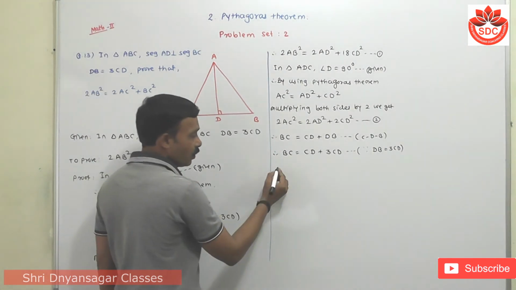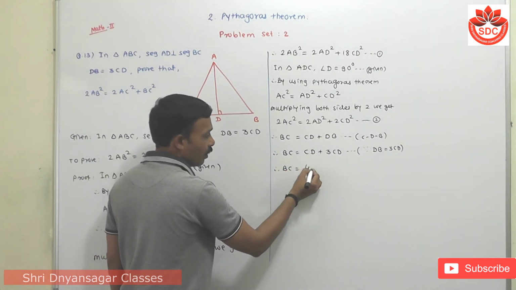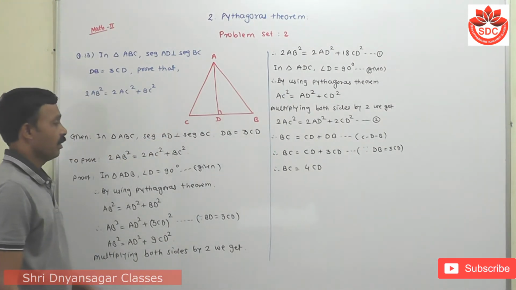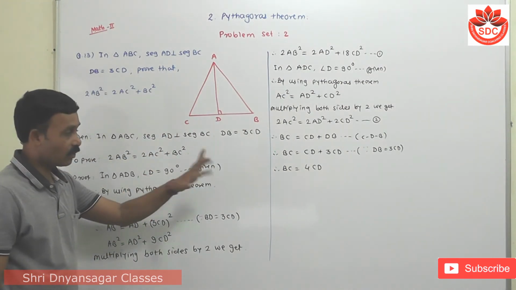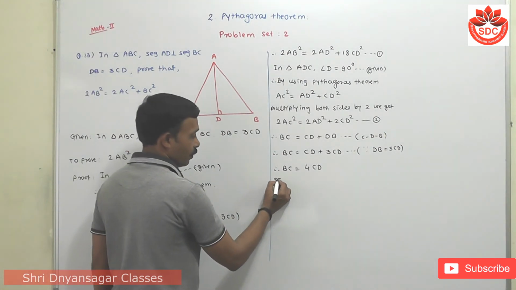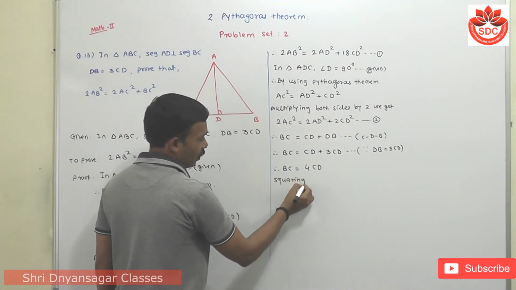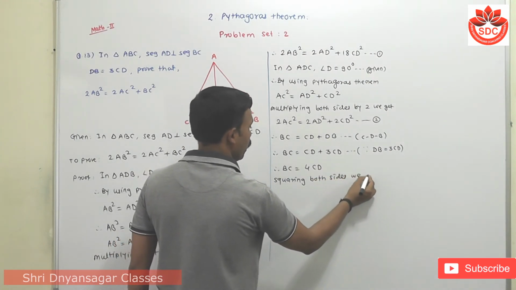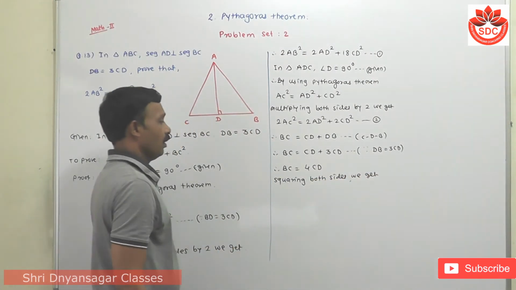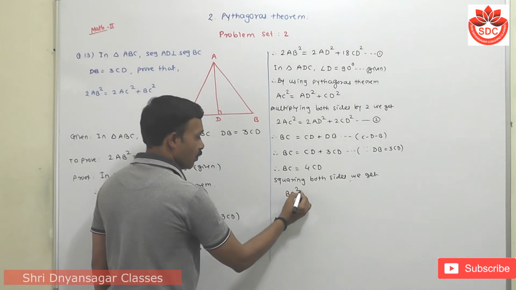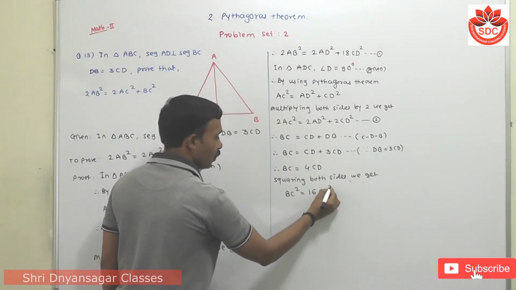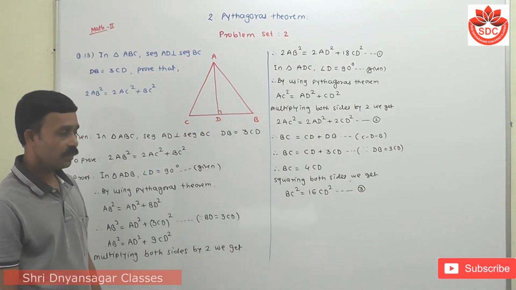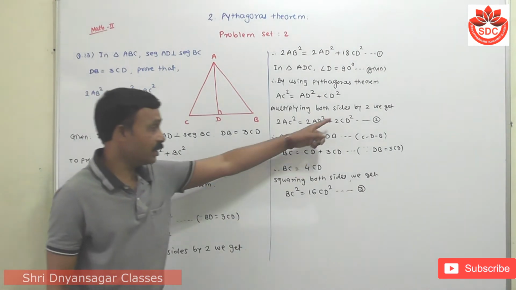The addition of these two is 4CD. Here is BC square, so I have to square both sides. Square of it is BC square is equal to 16 into CD square. Suppose that this is equation number 3. Then we add equation second and third.